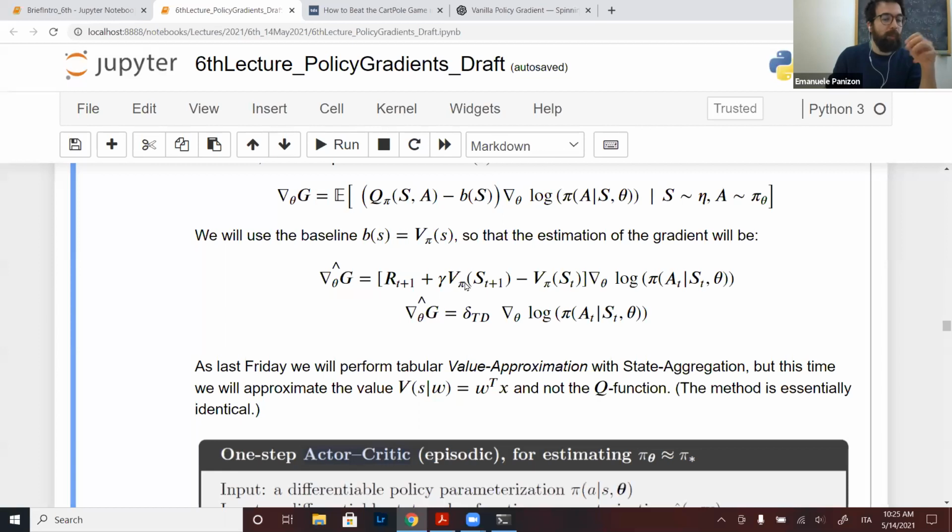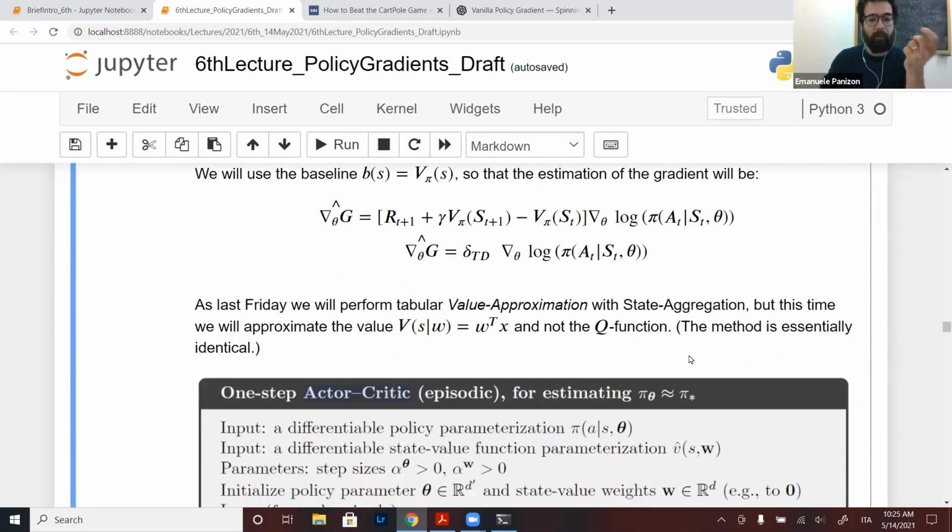Again, we need a way to approximate this value, and I don't touch anything from the last lecture. We're going to use the tabular value approximation with state aggregation. Since we are using state aggregation like last lecture, for each aggregated state I'm collecting its value.